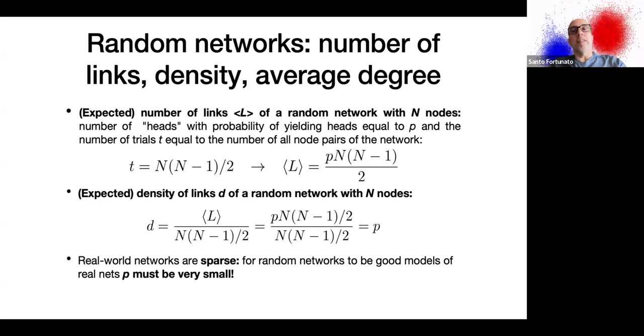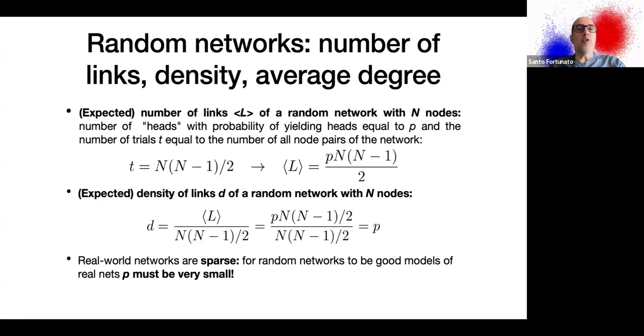So if you take the average over the whole ensemble generated by the model, you can make the same kind of reasoning. So how many links am I going to get if I have n nodes and a probability p of having a link between two nodes?